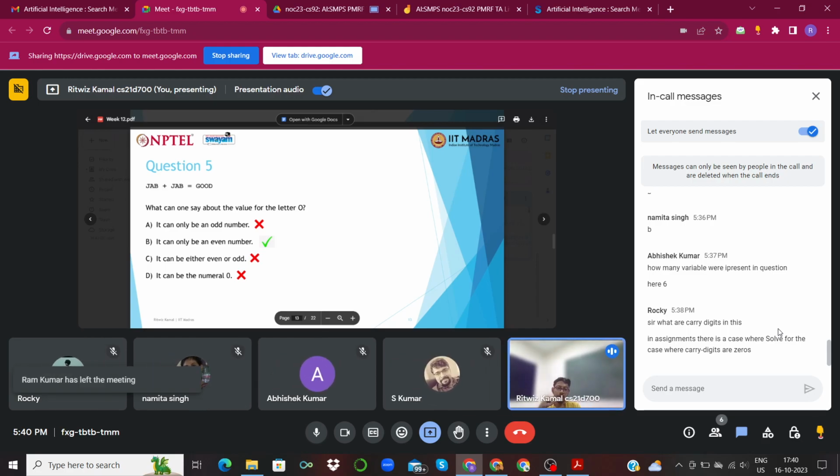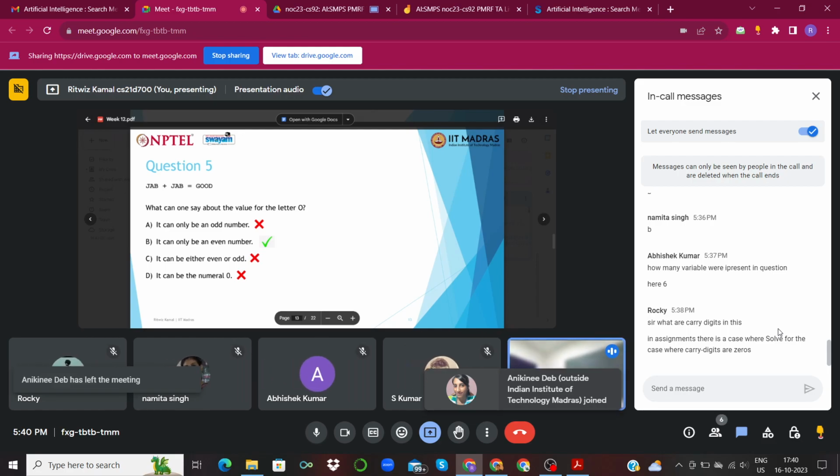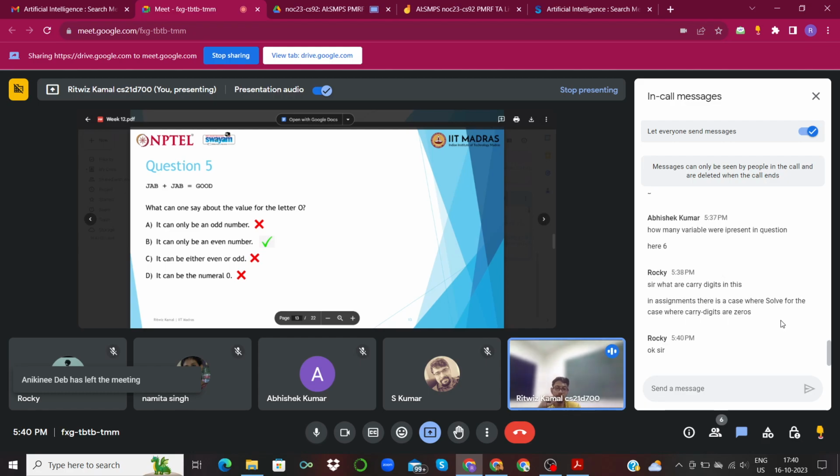If a problem statement like you're saying in your assignment is defined where some carry digits are also involved, then you'll have to look for appropriate assignments for carry digits as well, I would say. But I'm saying this solely based on what you have written in the chat box. I haven't gone through the question myself, so have a more in-depth look at the question, and maybe that will be helpful to solve it.